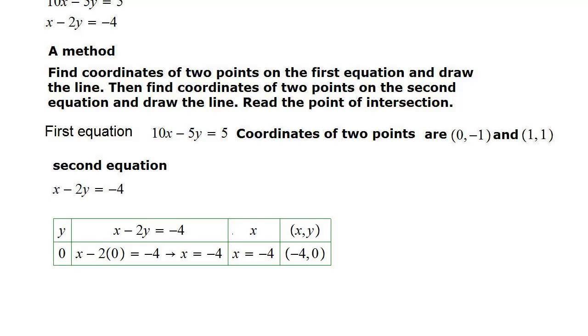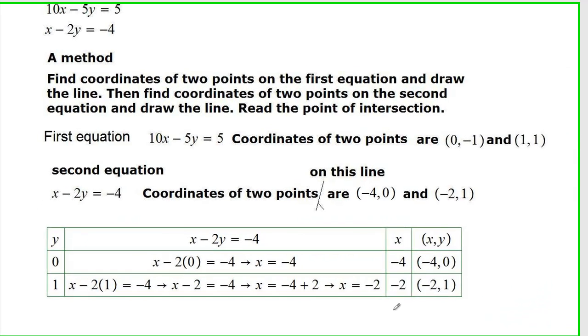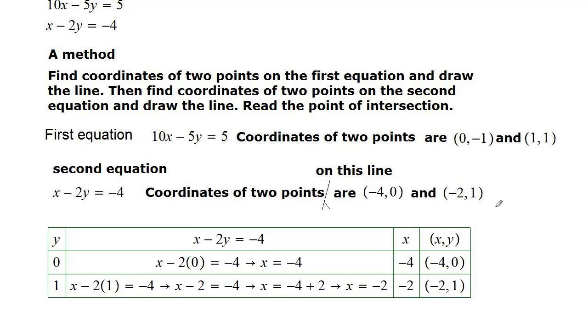In the same way we can substitute y equals 1 and get negative 2, 1, just going by these routine calculations. In this way, we have gotten two pairs of distinct points on the graphs of the two equations that we have to solve.